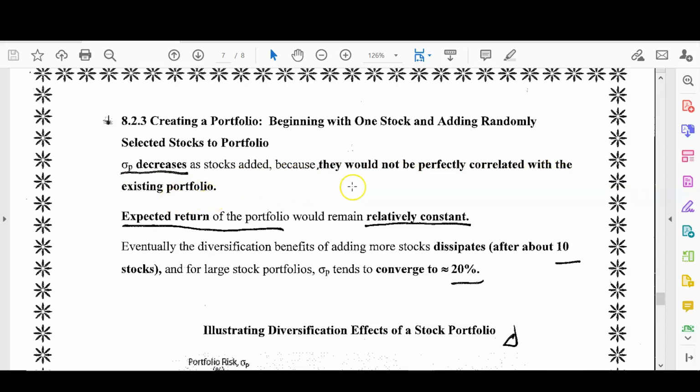As long as it's not the same stock added in, we always have partial correlation and partial risk diversification. The risk of the portfolio decreases when we add a random stock. The expected return of the portfolio remains relatively constant. Eventually, the diversification benefit of adding more stocks dissipates after about 10 stocks. For large stock portfolios, standard deviation tends to converge to 20%.